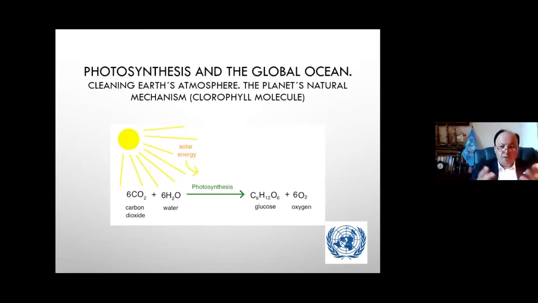Now, what happens with that CO2, with those carbon gases, is that in the water, in the oceans, it's transformed through photosynthesis into organic matter and oxygen. The same photosynthesis that happens in the forests, in the Amazon, and all the trees that we've got on land, the same chemical process happens in the oceans.